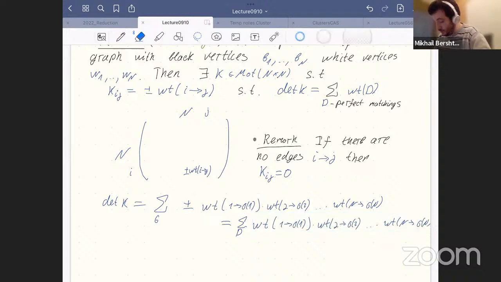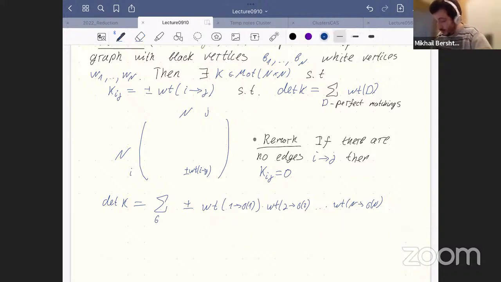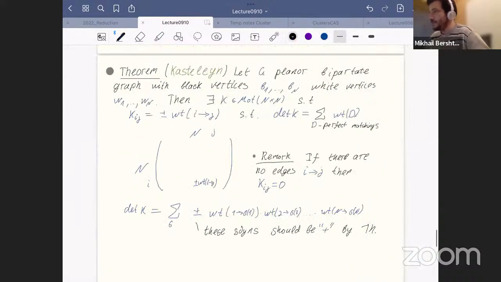So these signs should be plus or minus. This is the meaning of this.